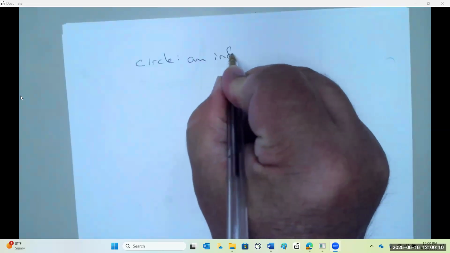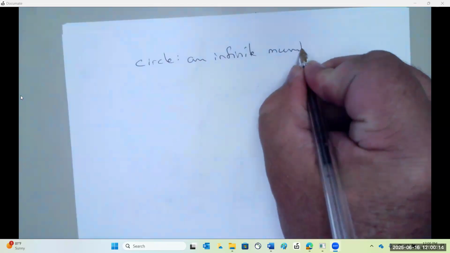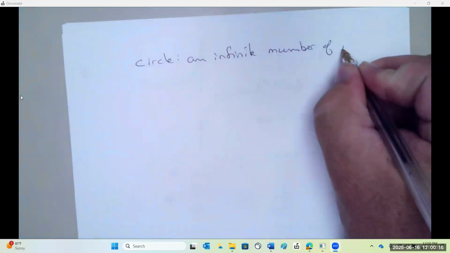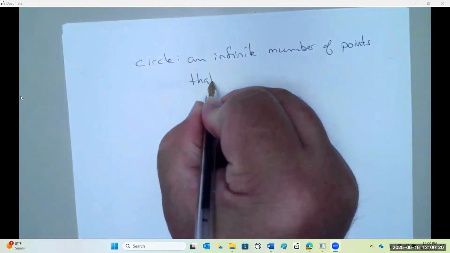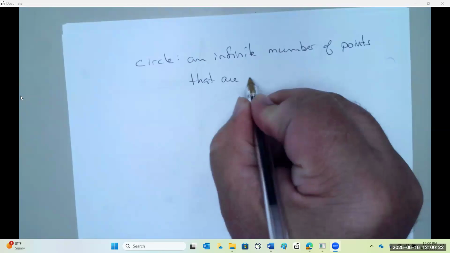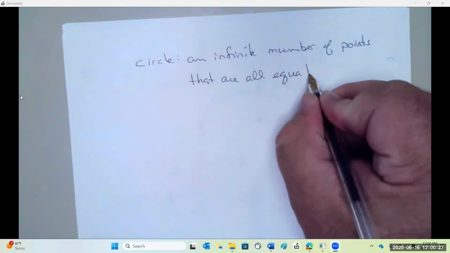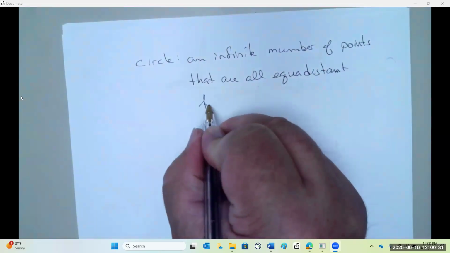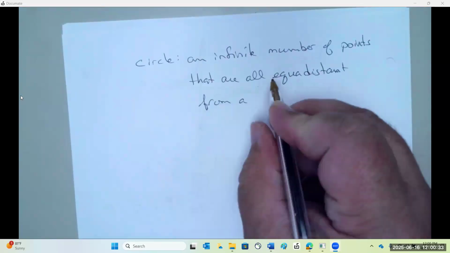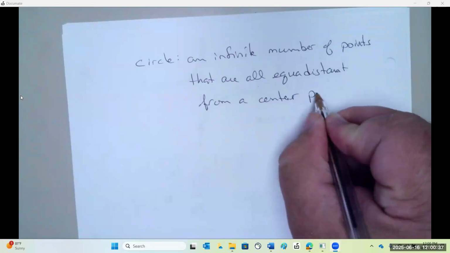an infinite number of points that are all equidistant from a center point.